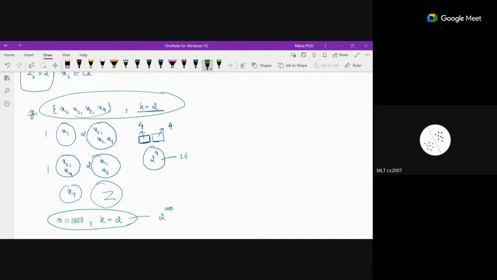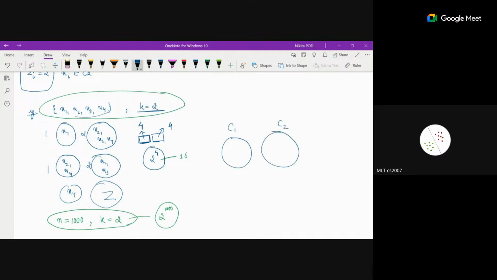Now, when we say we want to find our best clusters among these 2 to the power 1000, we need the best clusters, right? So, what is one metric that we could think of? So, let's say this is my cluster 1 and this is my cluster 2.